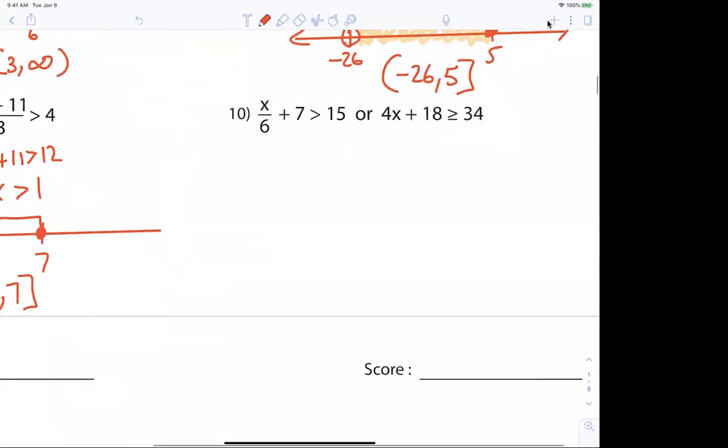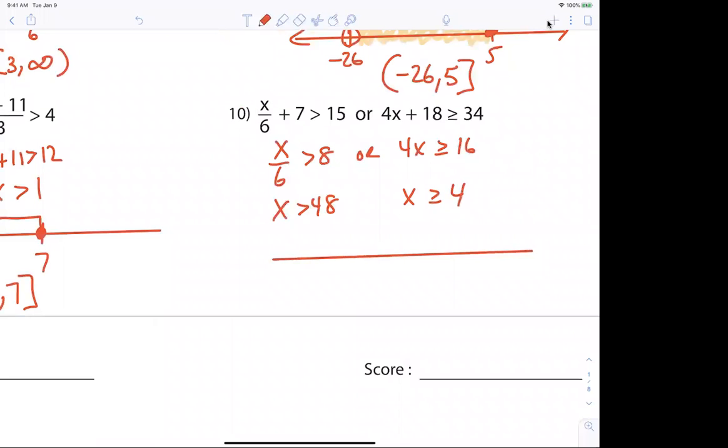Number 10, all right, subtract 7. That's what I see. 4x is greater than or equal to 16, so x is greater than or equal to 4. And if it's an "or" statement, so I'm less than 40.